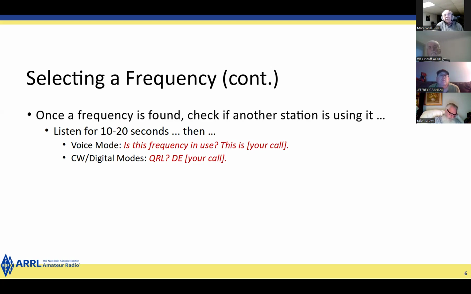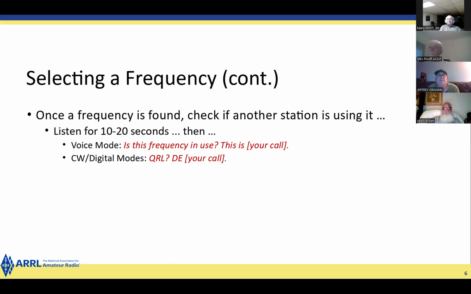And you wait. And then you ask again. Now, quite often I hear somebody will say, is this frequency in use? And immediately they start calling. Or in CW, they'll QRL and immediately start sending.